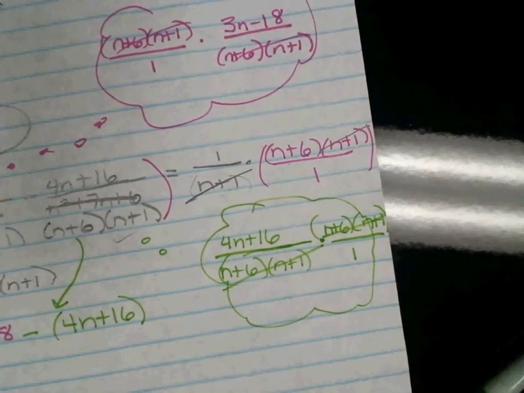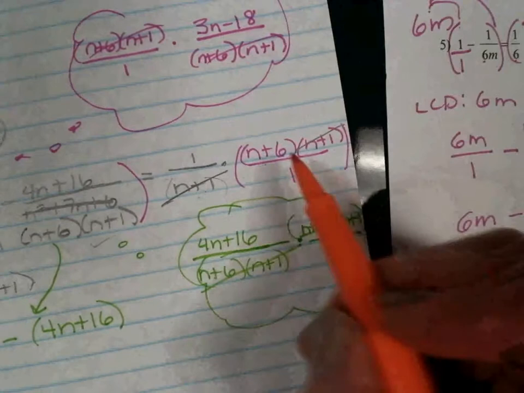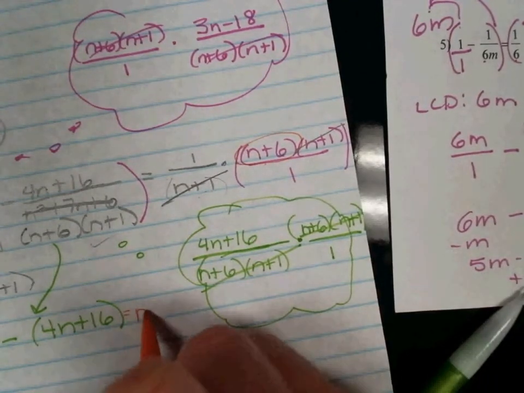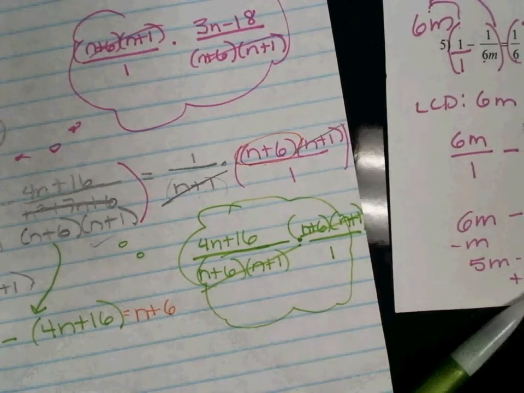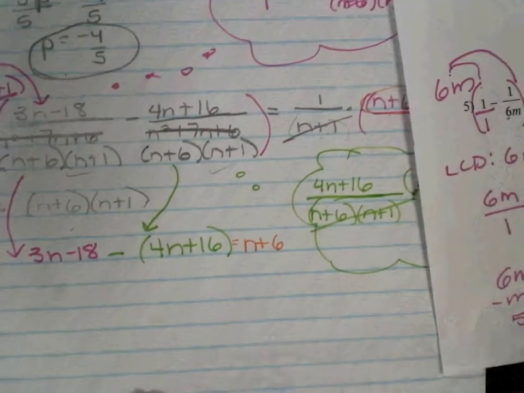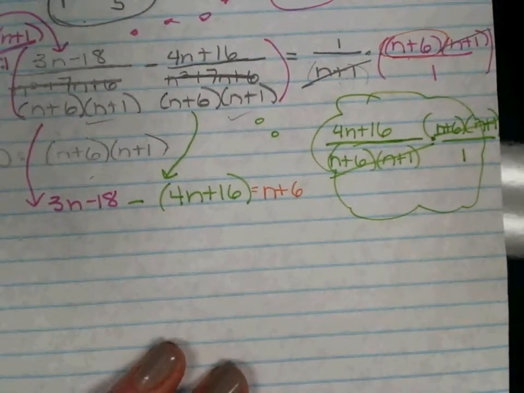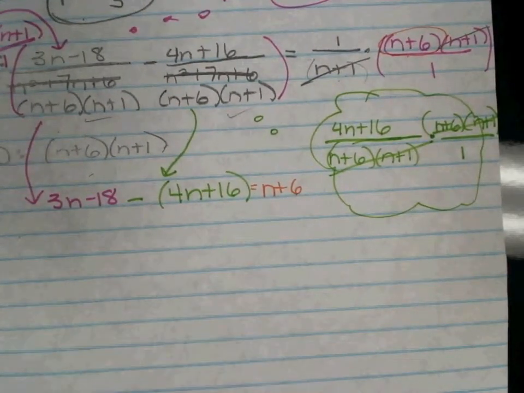And we're left with just the n plus 6, right? Have this colorful equation. Now I just need to simplify and solve.